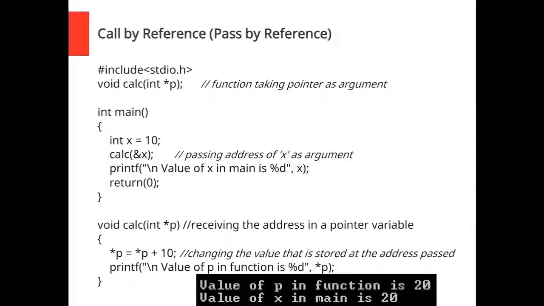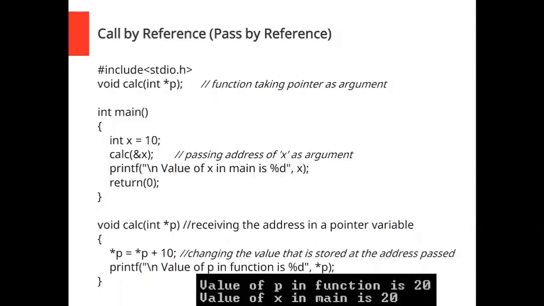So on displaying the output, what we are seeing is the value of p in the function is 20, because the function is accepting the address and we are making a change to the value stored in that address location. Since the value stored in the address location is changed, it is affecting the calling program also. Hence, the value of x in the main is also changed.